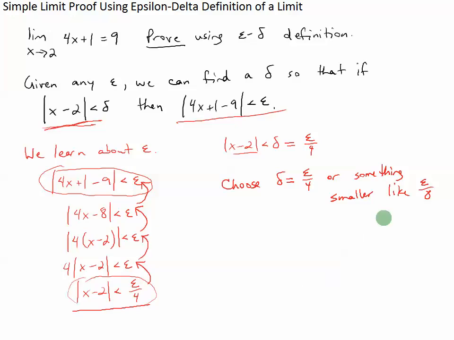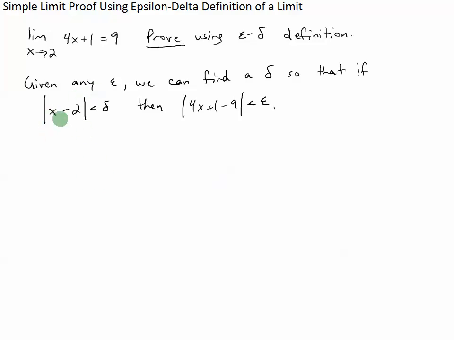Epsilon over 8 is still a positive number, but smaller than epsilon over 4. Okay, so this was just our side work that nobody saw. This was us learning about epsilon to get a delta. So we're going to now show that this delta will make this a true statement and that will be the proof that this is the limit of 4x plus 1.